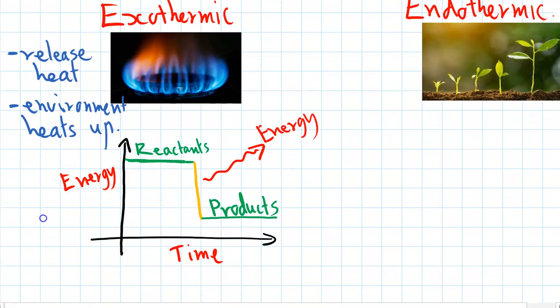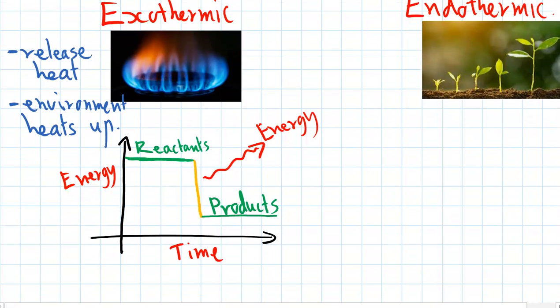And then the final thing is, we can see that because the products have less energy, what scientists have discovered is that that means their bonds are stronger. So the final thing to remember with exothermic reactions is that the products have stronger bonds than the reactants.